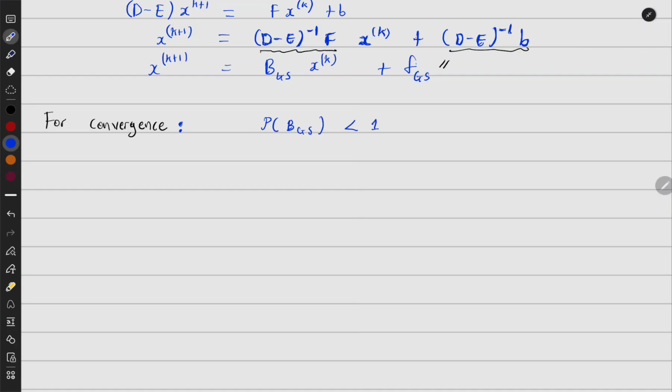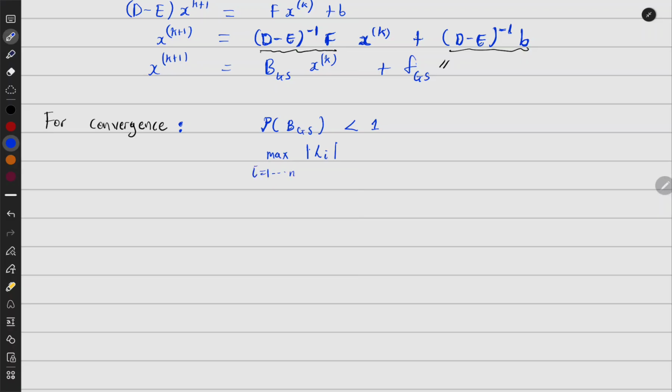We can compute B_GS and find its eigenvalues. For those who don't know, the spectral radius is the maximum of the magnitude of the eigenvalues of B_GS, for i from 1 up to n.